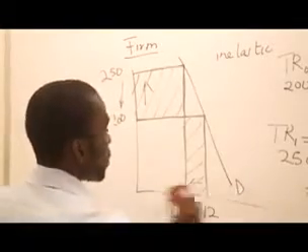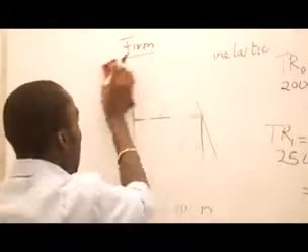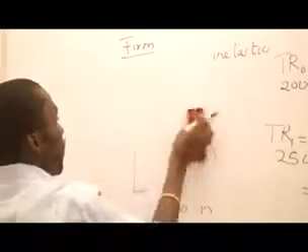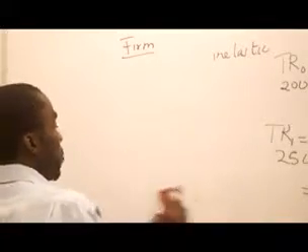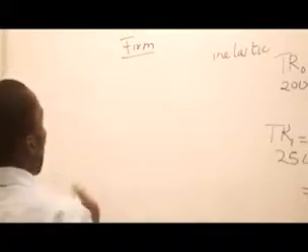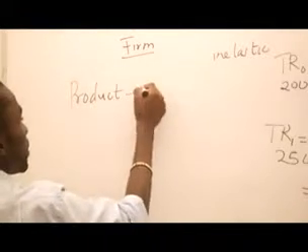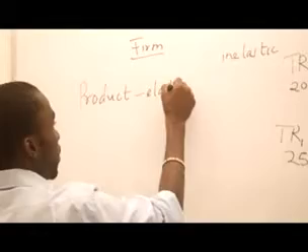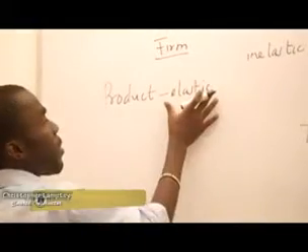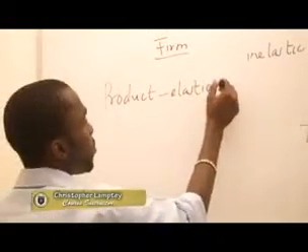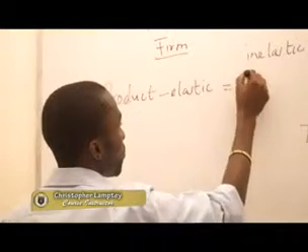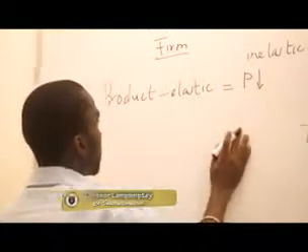So this is the decision of the firm. If the product that the firm is selling is elastic, if the firm wants to earn more revenue, it has to decrease its price.